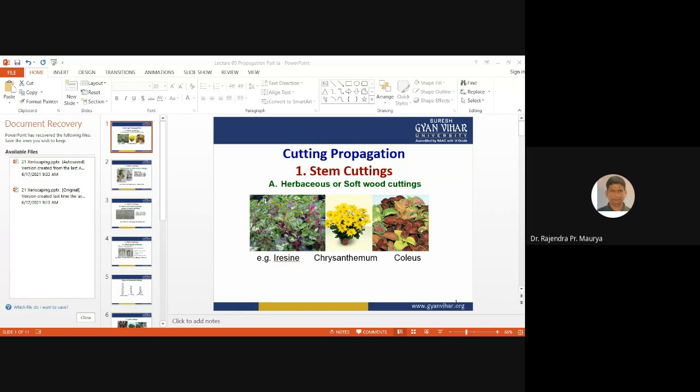Just above the axillary buds, around 1 centimeter above and 2 centimeter below, we have to make a horizontal cut in both directions, and after that we have to divide into halves equally. So after separating, both contain the axillary buds on each leaf bud cutting.